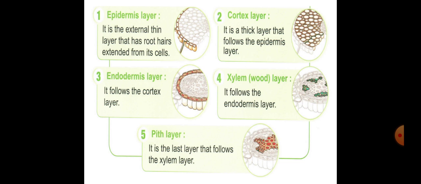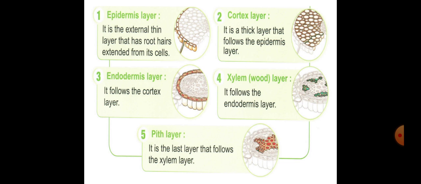The cortex layer is a thick layer that follows the epidermis layer. Number three, the endodermis layer. It follows the cortex layer. Number four, the xylem or wood layer. It follows the endodermis layer. And finally, number five, the pith layer is the last layer that follows the xylem layer.